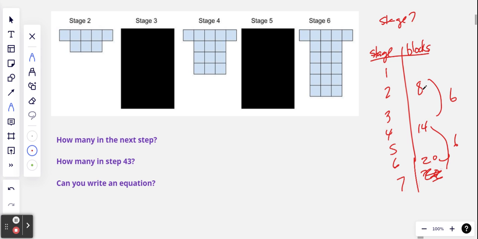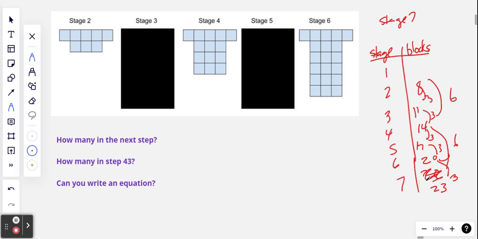So really the change from step to step is half of that, 3 more to get to step 3, 8 plus 3 is 11, and then 3 more to get to 14 in step 4, and then step 5, 3 more would be 17, and then 3 more from 5 to 6 would be 17 to 20, and then step 7, you just add 3 more and you get 23.